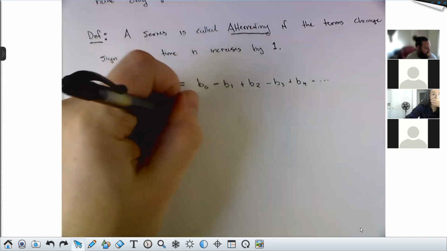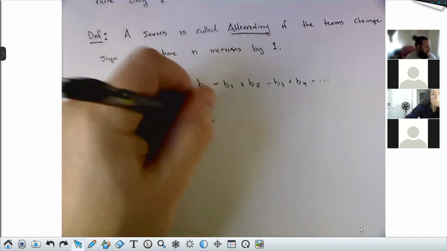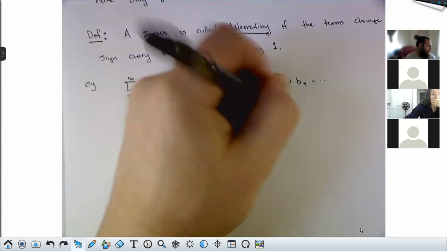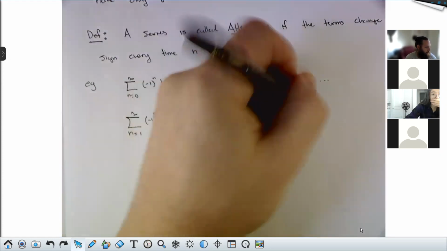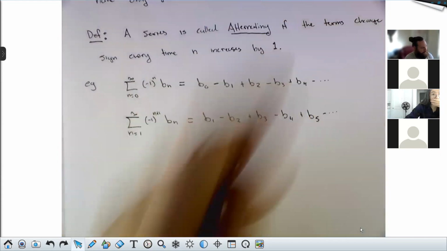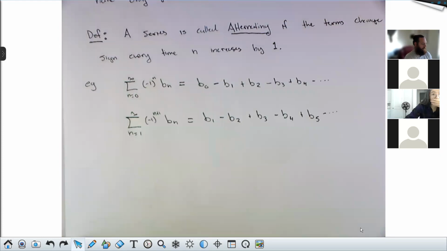And this would look like b1 minus b2 plus b3 minus b4 plus b5, and so on. So you see what's happening here, right? The terms go positive, negative, positive, negative, positive, negative. Any series where the terms go from positive to negative every time you go up 1 is called an alternating series.